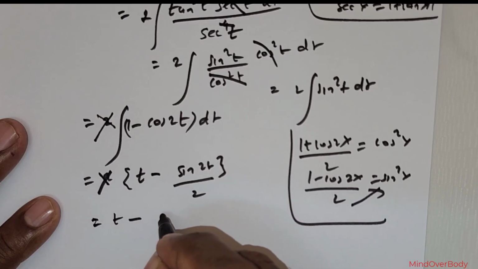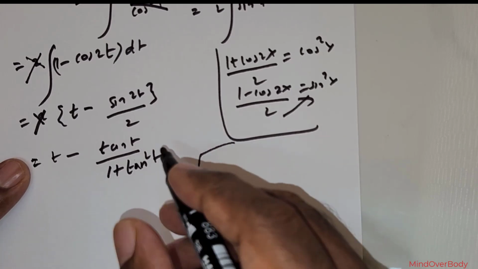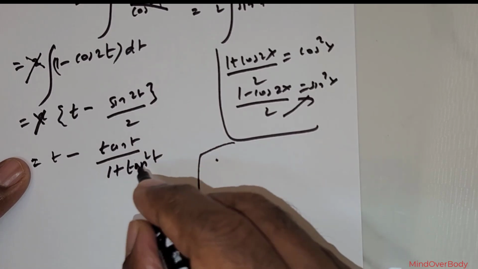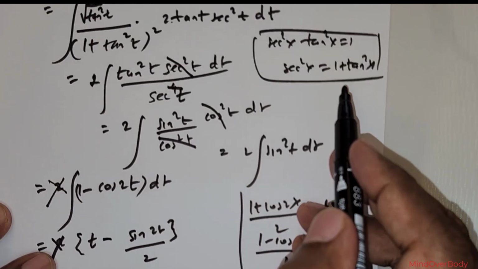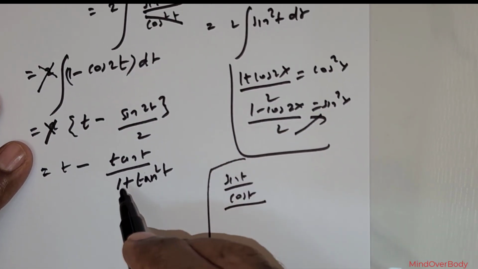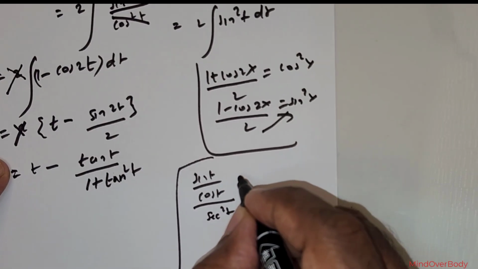I can rewrite this as tan t over 1 plus tan squared t. Now you may be asking me, how do you do this? Now watch here, tan t is nothing but sin t divided by cos t. Now 1 plus tan squared t is nothing but secant squared t. So you substitute the secant squared t.